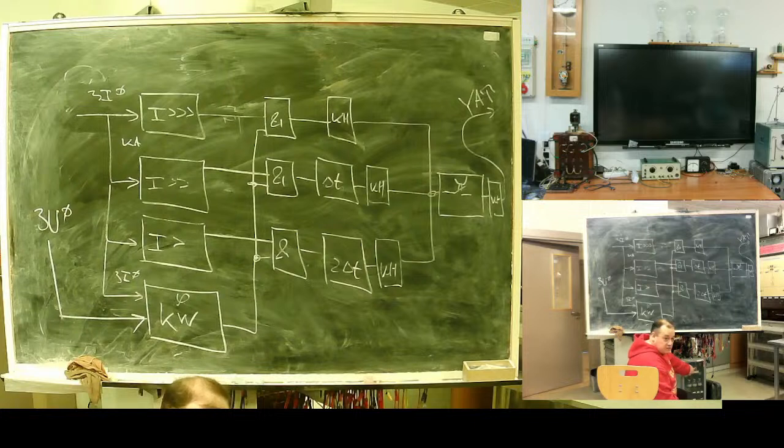Power direction, zero sequence direction, 1, 2, 3 current relays. These are indication for first, for instant, for second, and for third one. And here set of time relays. It had one relay for each zone. First zone also can be delayed.